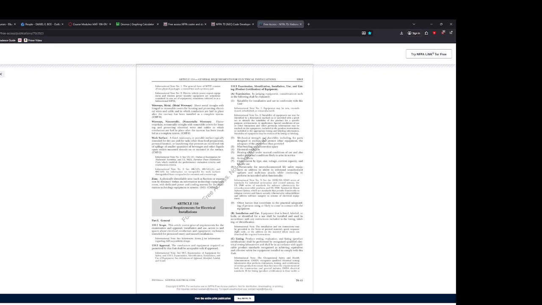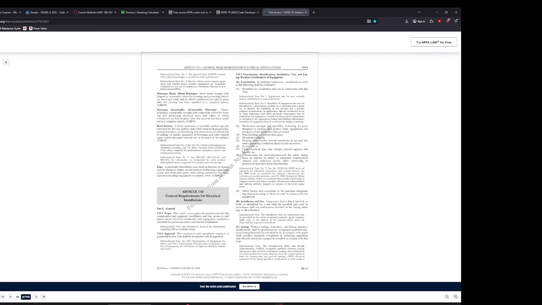Examination, identification, installation, use, and listing product certification of equipment. Examination: judging equipment, considerations such as the following shall be evaluated: suitability, mechanical strength, wire bending and connection space, electrical insulation, heating effects, arcing effects, classification by type, size, voltage, current capacity, and specified use, cybersecurity for network-connected life-safety equipment to address its ability to withstand unauthorized updates from malicious attacks while continuing to perform its intended safety functionality.